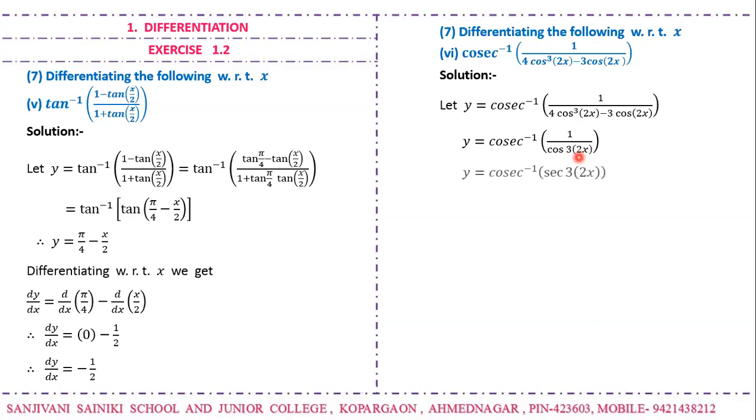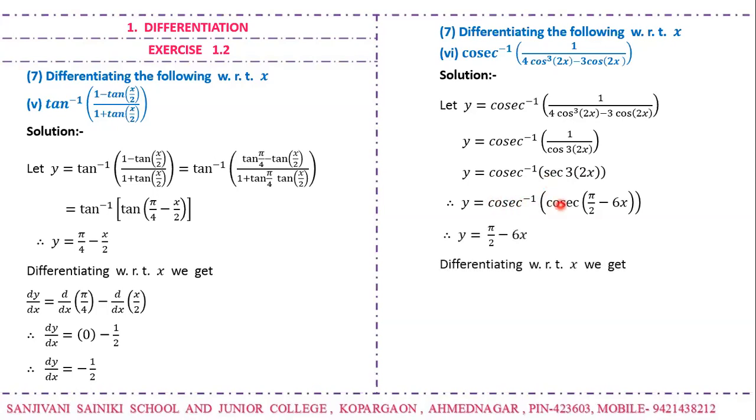Taking the reciprocal, you get sec 6x. And then this sec theta can be written as cosec of 90 minus theta. Then using the property of inverse trigonometric function, y is pi by 2 minus 6x. Differentiate with respect to x. Derivative of pi by 2 is 0, and derivative of 6x is 6. So the derivative of the given function we got is minus 6 only.